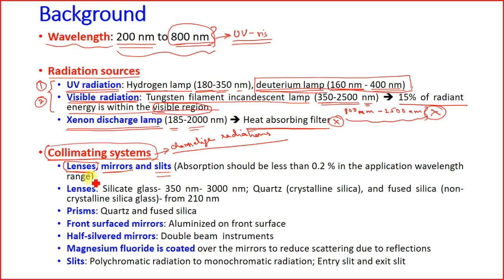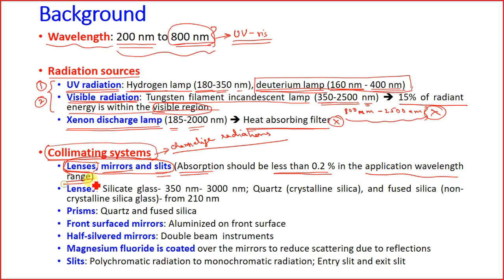So what should be the property of these collimating systems? There should be some properties. These collimating systems, that means the lenses, mirrors, and the slits, should absorb less than 0.2% of the radiations within the application wavelength range.